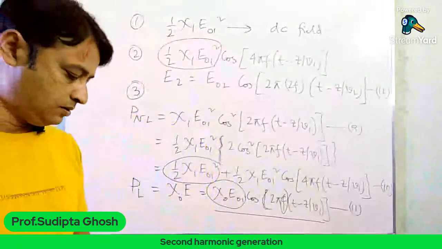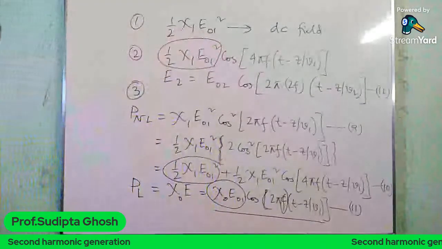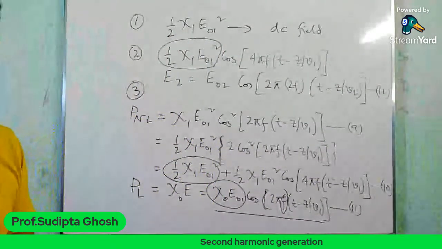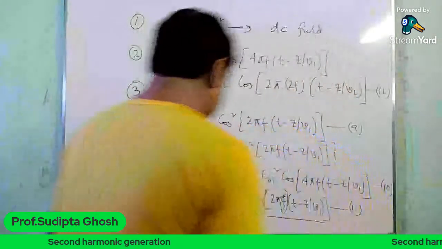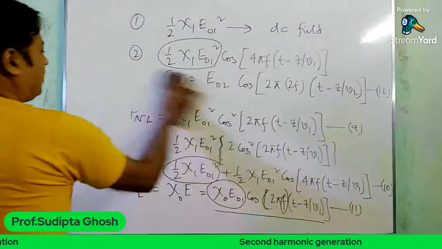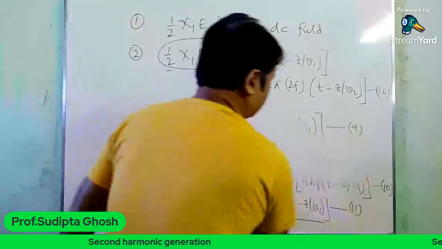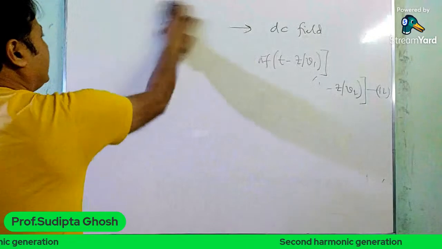Okay. So how is this second harmonic wave generated inside a laboratory? Inside the lab, first of all, we have to take a first order nonlinear material, as I have already discussed.